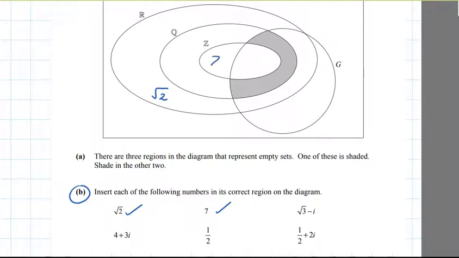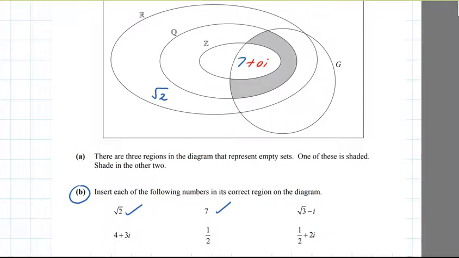The thing though is 7 could also be written as 7 plus 0i. And that's more correct, because now it's in the intersection of G and Z. It belongs in the integers, obviously, because 7 is 7. But it also belongs in G because these are two whole numbers now, 7 and 0, and it's in complex form. It's in the intersection of the two. So that's a tricky one, the 7.